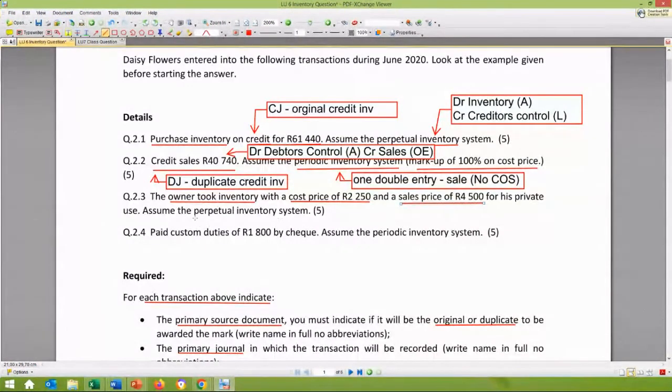Okay, and then we've got the perpetual inventory system, so it's going to inventory. Okay, so this type of journal would be the general journal because it does not belong under your credit or your cash journals. For your general journal, we will have a journal voucher. It will be original because it is our journal that we've written.